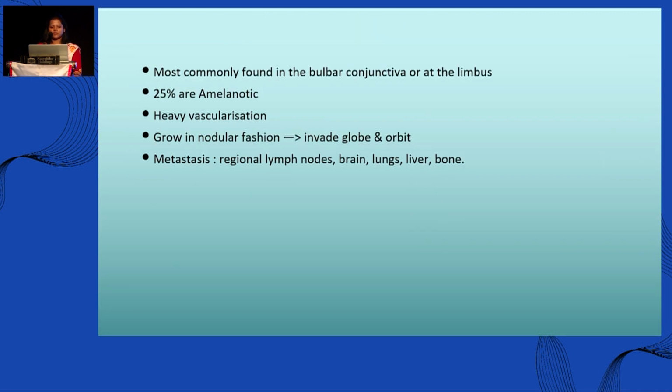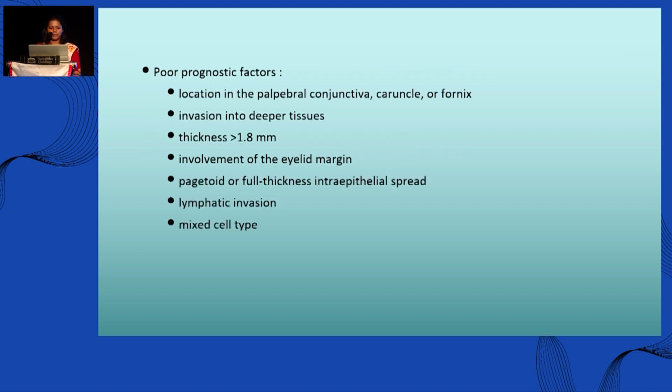They are most commonly found in the bulbar conjunctiva or at the limbus. 25% can be amelanotic. They tend to have heavy vascularization, and they tend to grow in a nodular fashion and can invade the globe and the orbit as well. And they can metastasize into the regional lymph nodes, brain, lungs, liver, and bone.